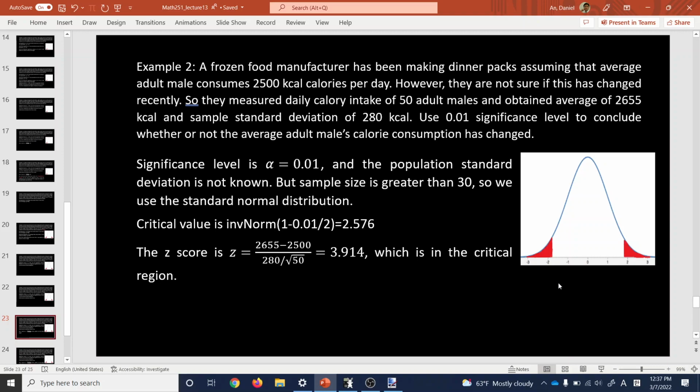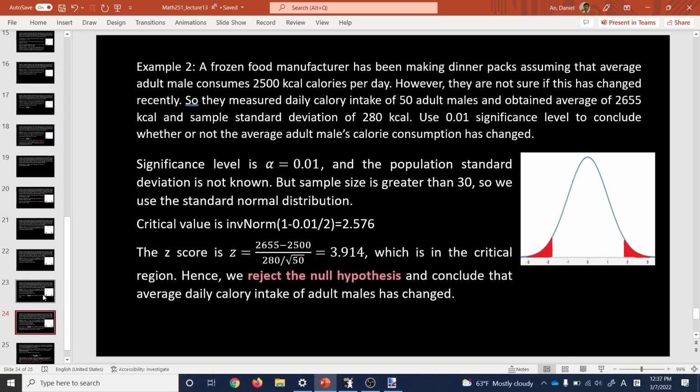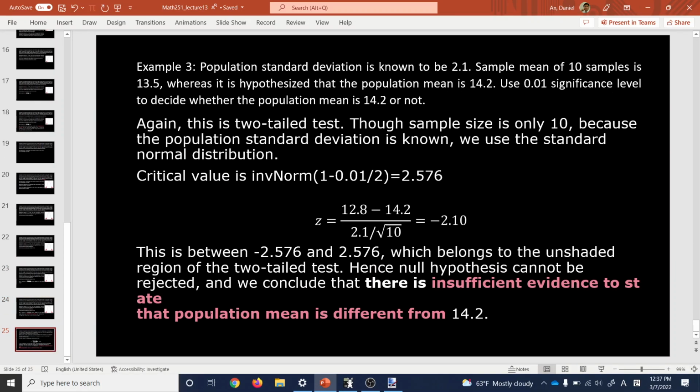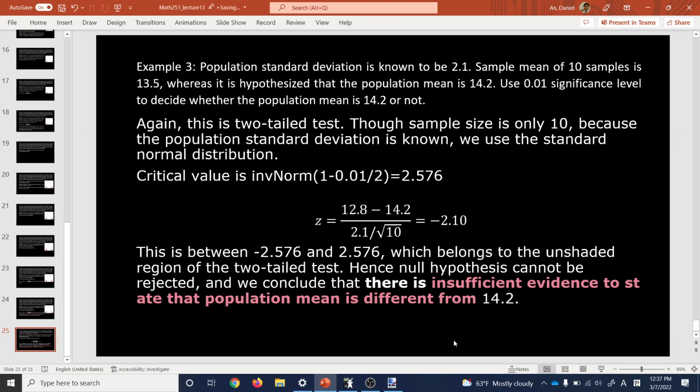All right, we only have 5 minutes, but let me really quickly go over the last one, because this is an example where you don't reject, okay? All right, so example 3. So here, let's say population standard deviation is known to be 2.1.